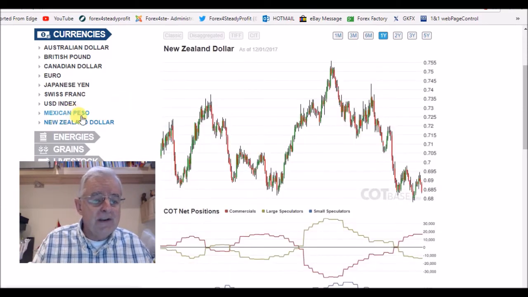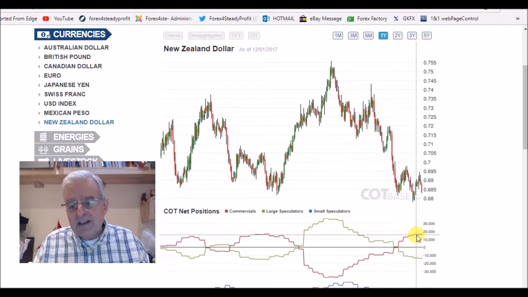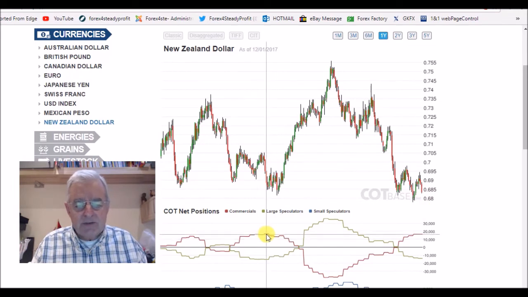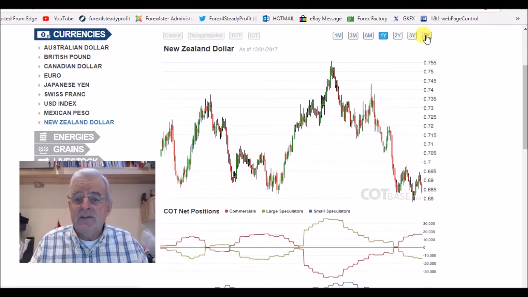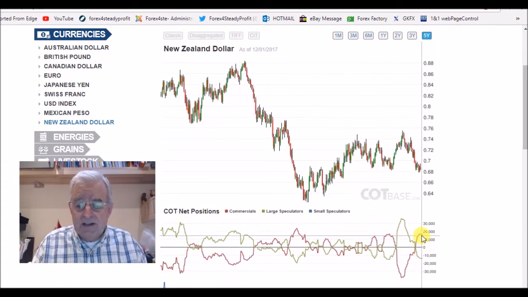New Zealand dollar. I am expecting this really to go down, but if you look at the commitment of traders, this is as bullish as the commercials have been for over the last year, and we've seen some really nice rallies in the price of the New Zealand dollar.